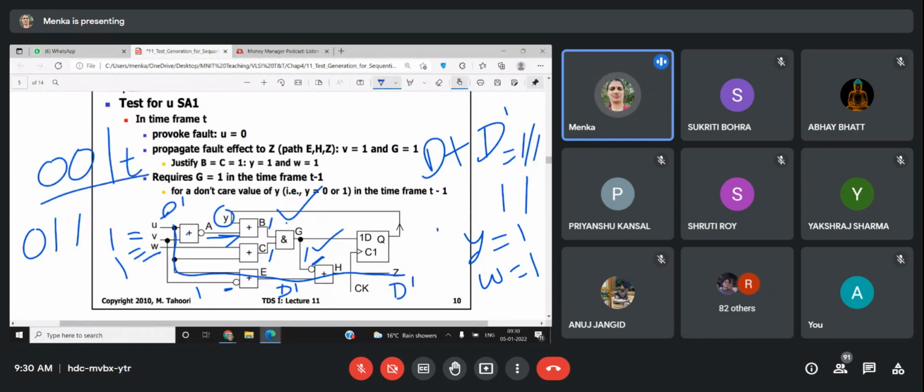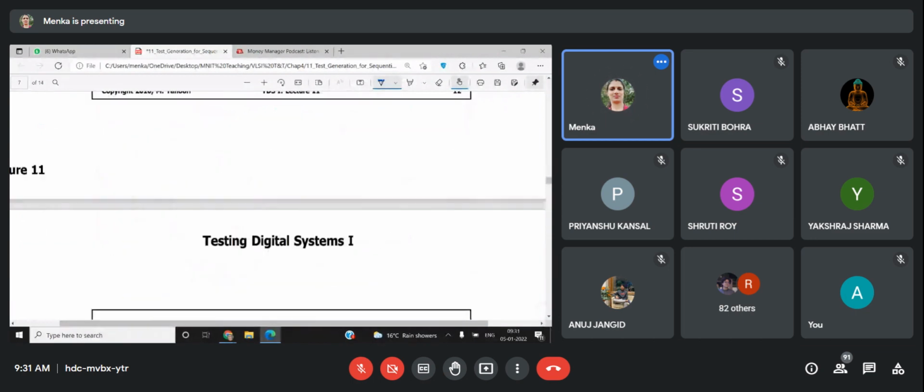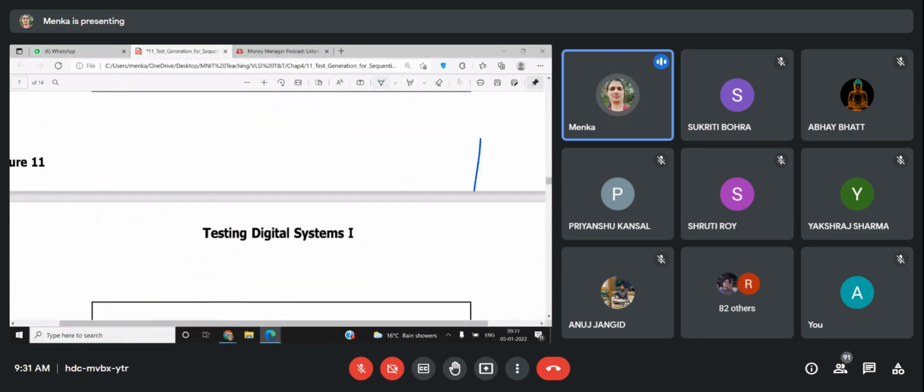This is in t minus 1 time frame and this is in t time frame. And in two time frames, you are able to propagate the fault at the output line, right? Okay. So this is how you will be taking care of sequential circuit fault propagation for ATPG. Okay. So this is the same example.